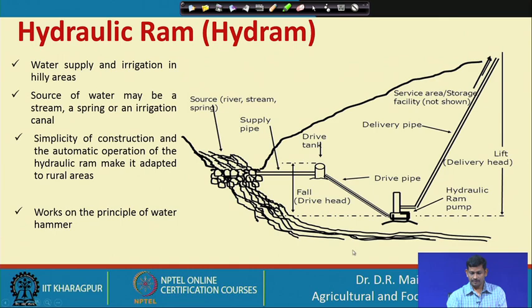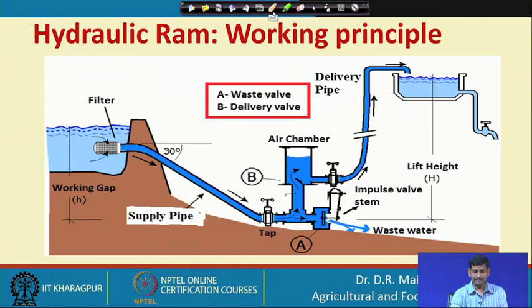energy source in this. So, in the broader picture, this is a water source, and this is a suction line. There is a valve here. It is the waste water which is flowing from here, this is the air chamber, and then this is the delivery pipe.